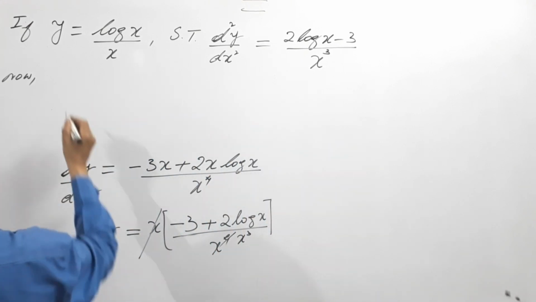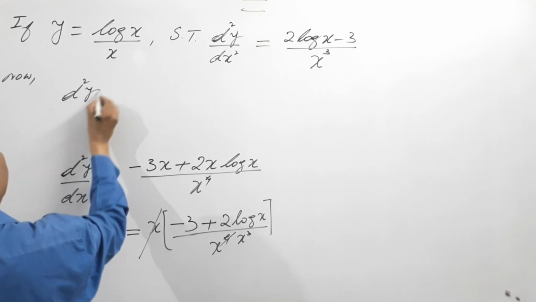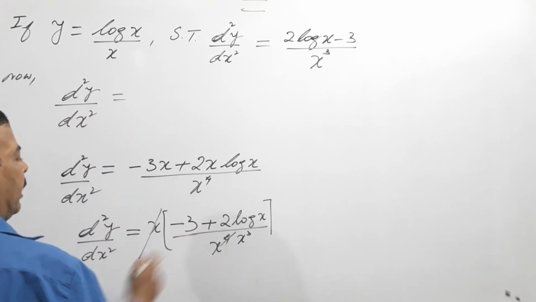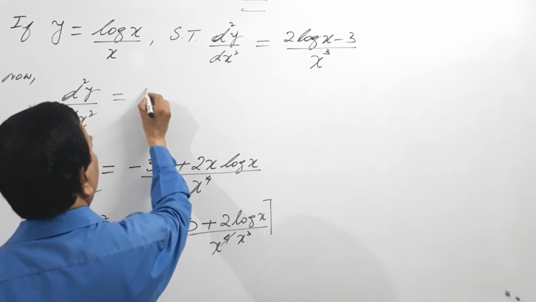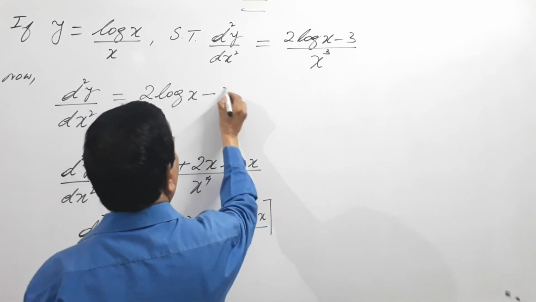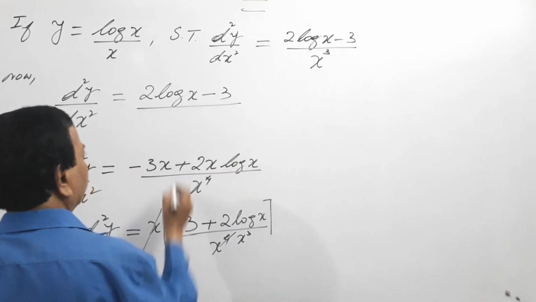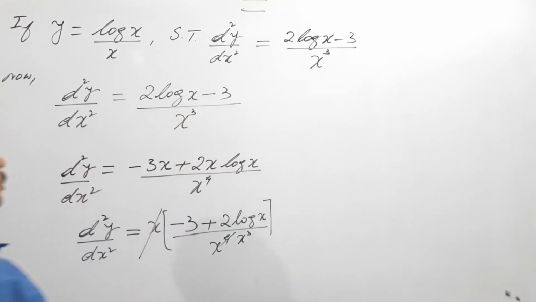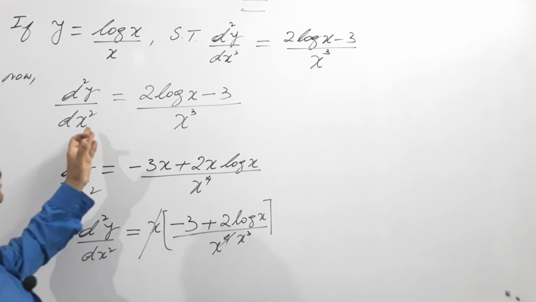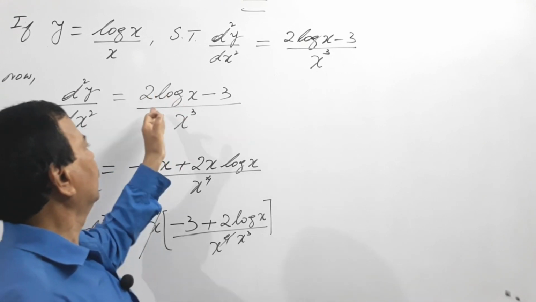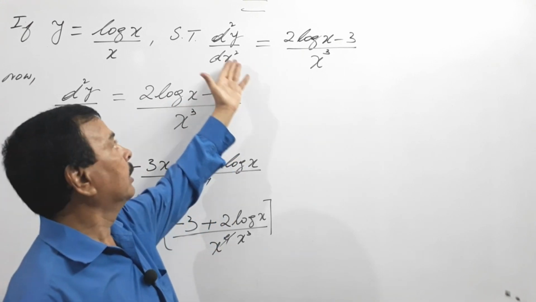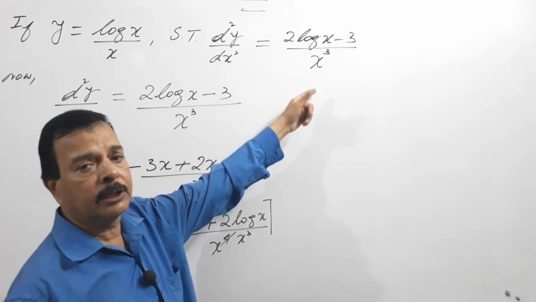I'll rewrite this. d square y by dx square equals, I'll rearrange this, 2 log x, and send the 3 to the right hand side, divided by x cube. What do we want? d square y by dx square equals (2 log x minus 3) by x cube.